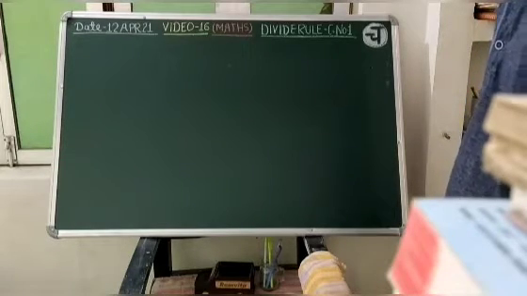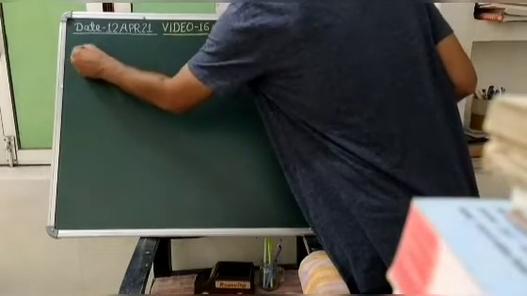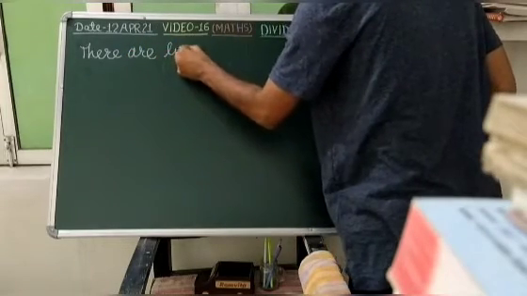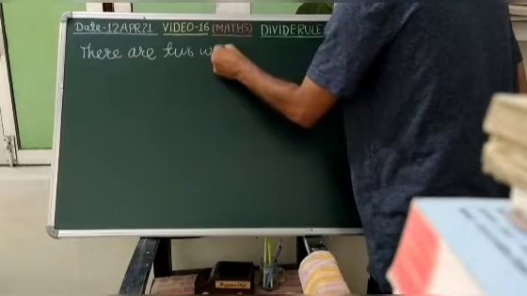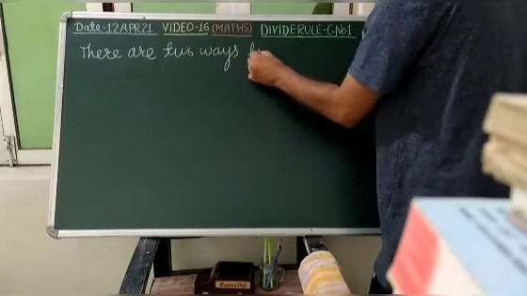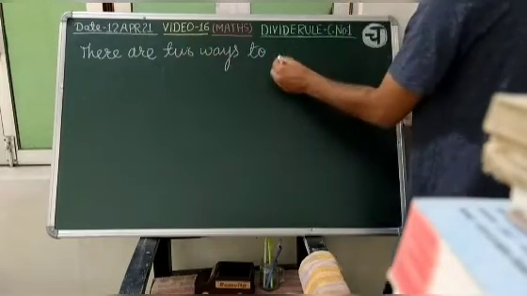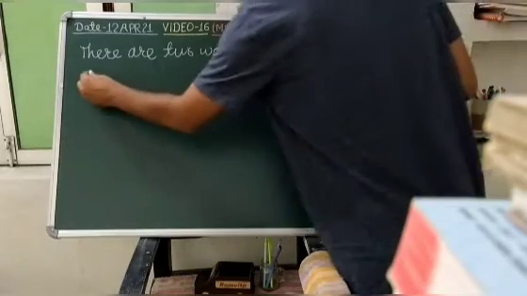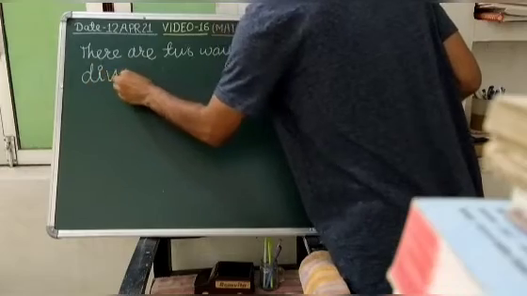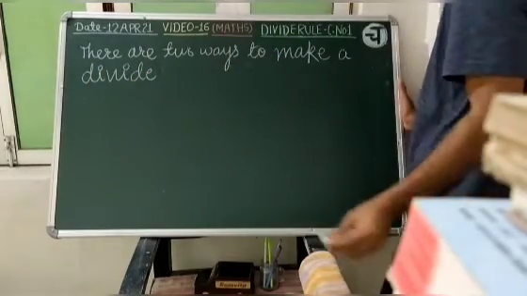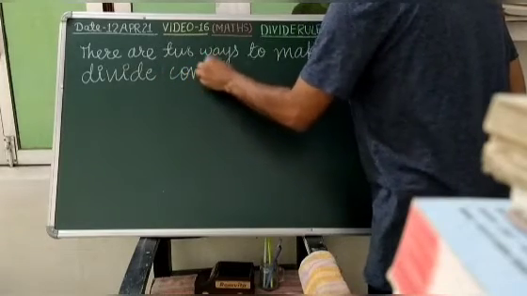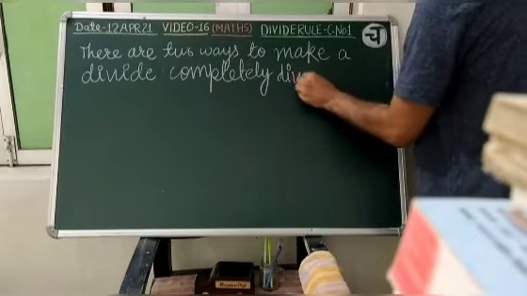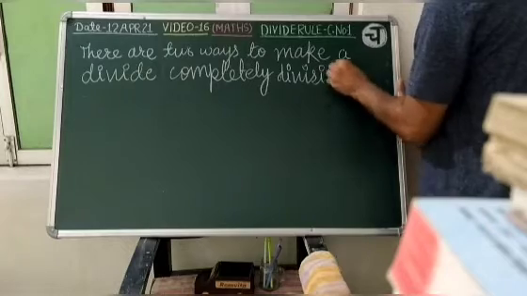First we shall start. There are two ways to make a divide completely divisible.